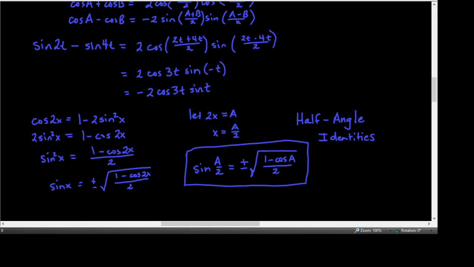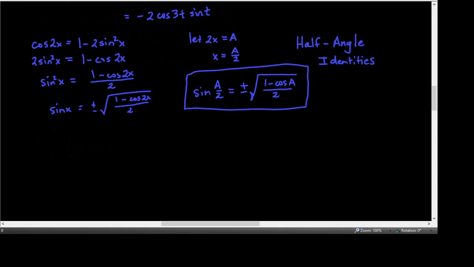Alrighty. So let's do a similar thing to see if we can find a half angle identity for cosine. Another version of cosine of 2x is 2 cosine squared x minus 1. I'm going to solve this for cosine. So I'm going to add 1 to both sides and divide both sides by 2.